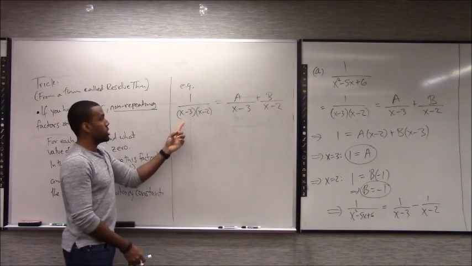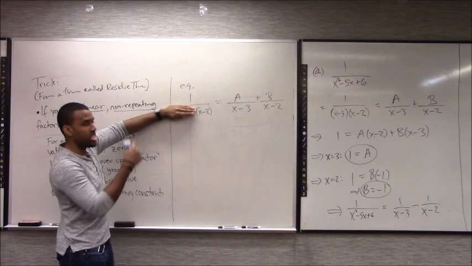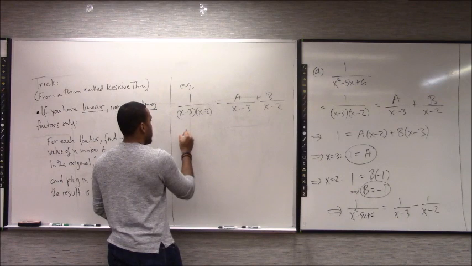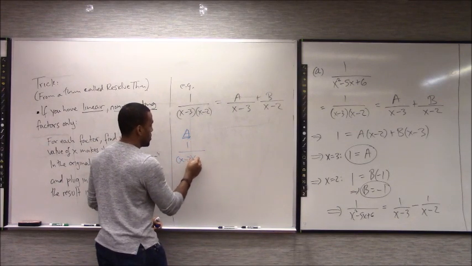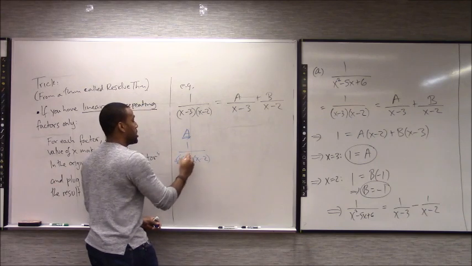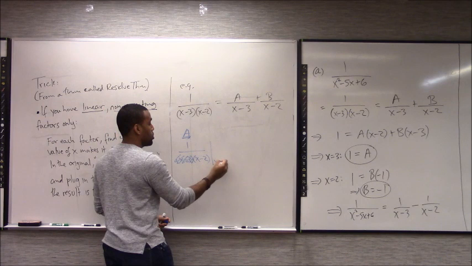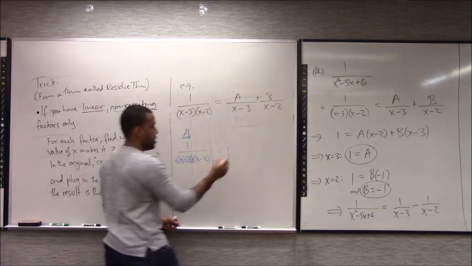I'm going to go to the original, cover up the x minus 3, and plug in x equals 3. So, to find the A, I'm going to go to the original, cover this guy up and plug in, evaluated at x equals 3. You'll notice that you'll get 1 as the answer. That's actually your A value.